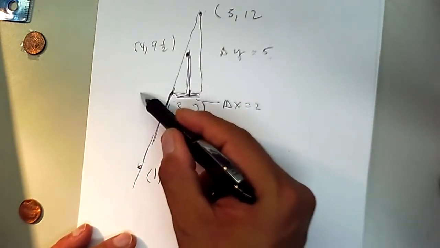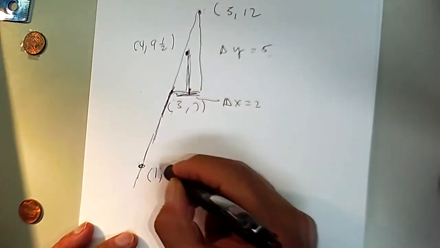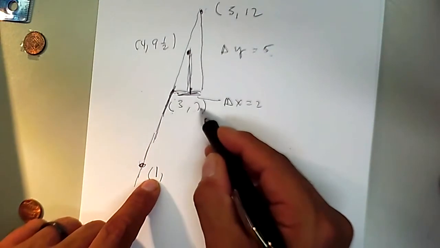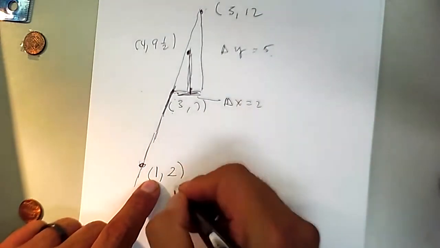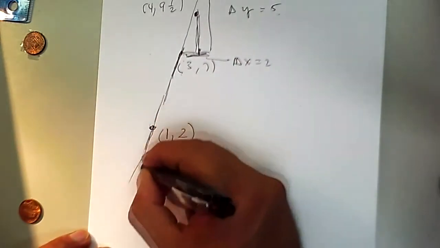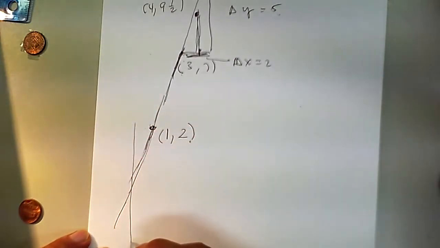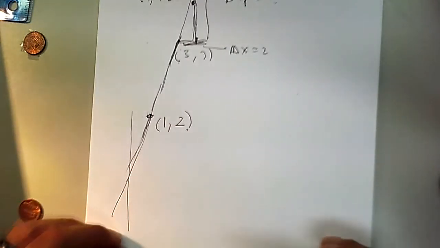If we go across 2 units to the left, that means that we have to drop 5 units. So that means that this point has to be 1, because 2 are to the left, and then from 7 drop 5 units down to 2. Okay, and then I want to keep going to the left, and eventually we're going to cross the y-axis, which is the starting point. That's when x is 0.